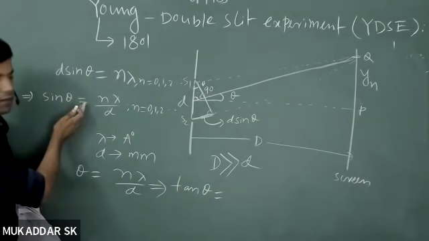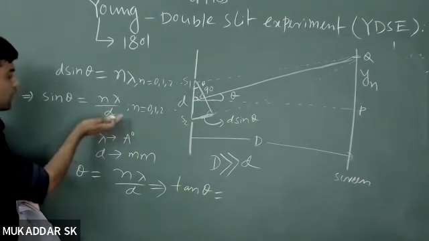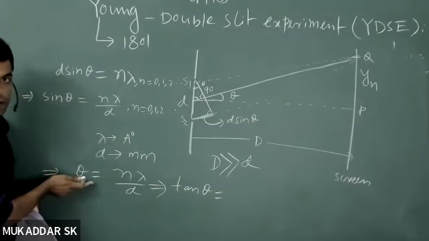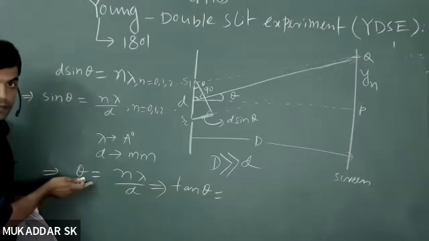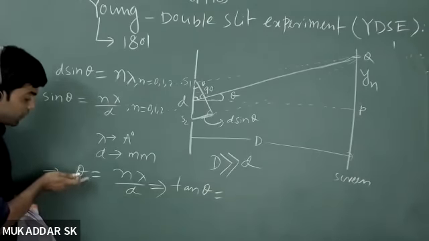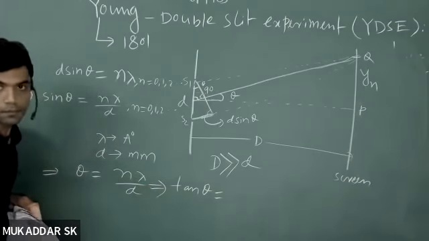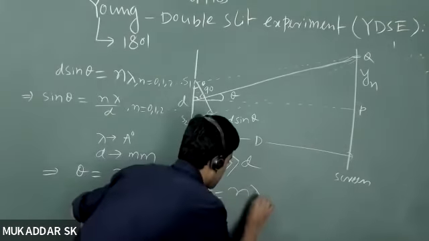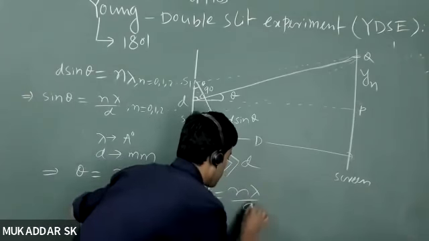When theta is small. And when theta is small, you can write sin theta equals theta, and also tan theta equals theta. So in place of theta, you can substitute tan theta. So tan theta equals n lambda by d.